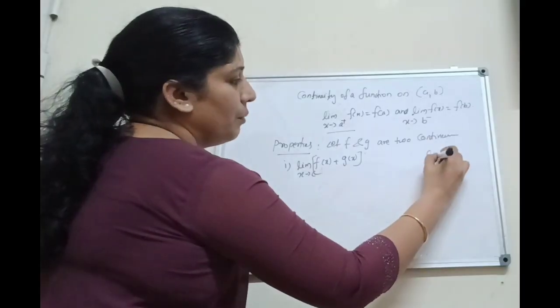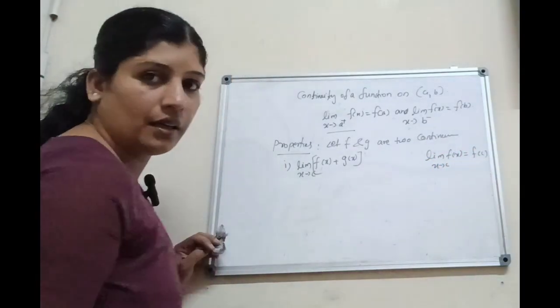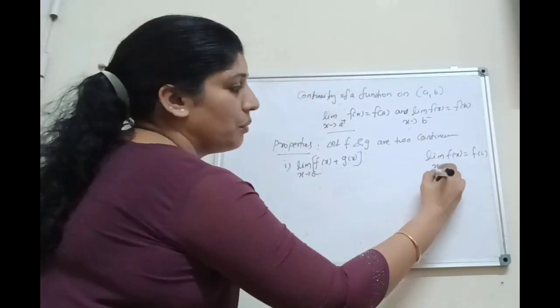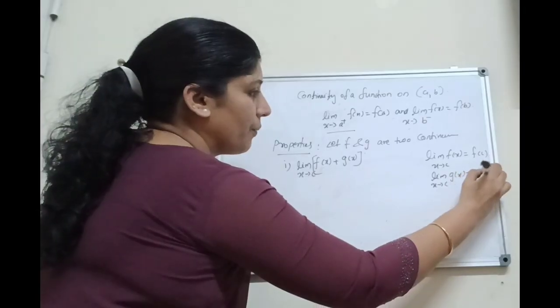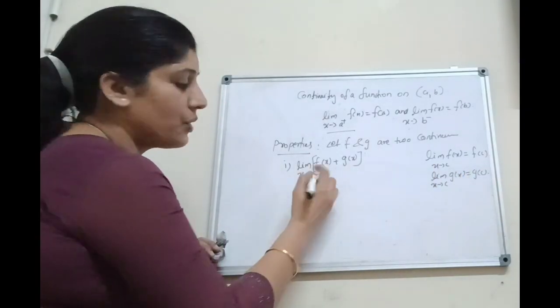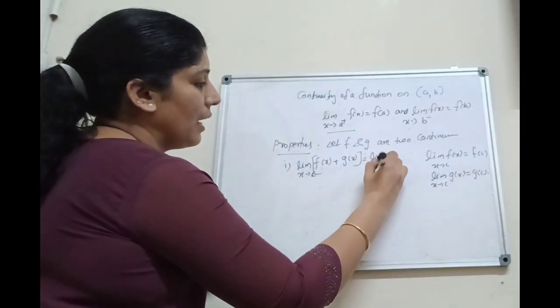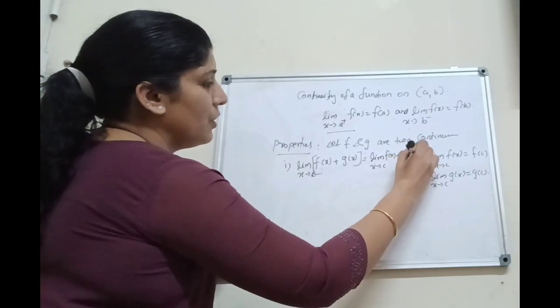That means limit x tends to c f of x equal to f of c exists, and g is a continuous function. That means limit x tends to c g of x equal to g of c. Therefore, for the sum of these two continuous functions, limit x tends to c of f of x plus g of x is equal to limit x tends to c f of x plus limit x tends to c g of x.